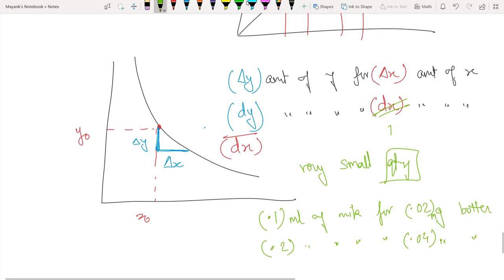So in this case, when I say 1 unit, I am basically saying my 1 unit is 0.02 milligram. It's basically a multiplicative factor. It's nothing else. So 0.04 is twice of this thing. So to get to 0.04 milligram, you have multiplied this thing by 2. If you multiply this by 2 and this by 2, you will get the exchange, which is good. But obviously these quantities have to be small.